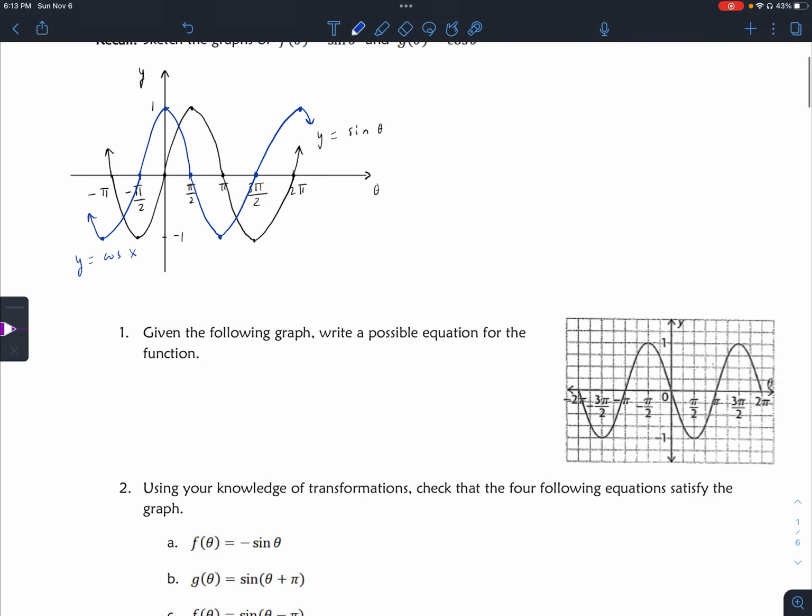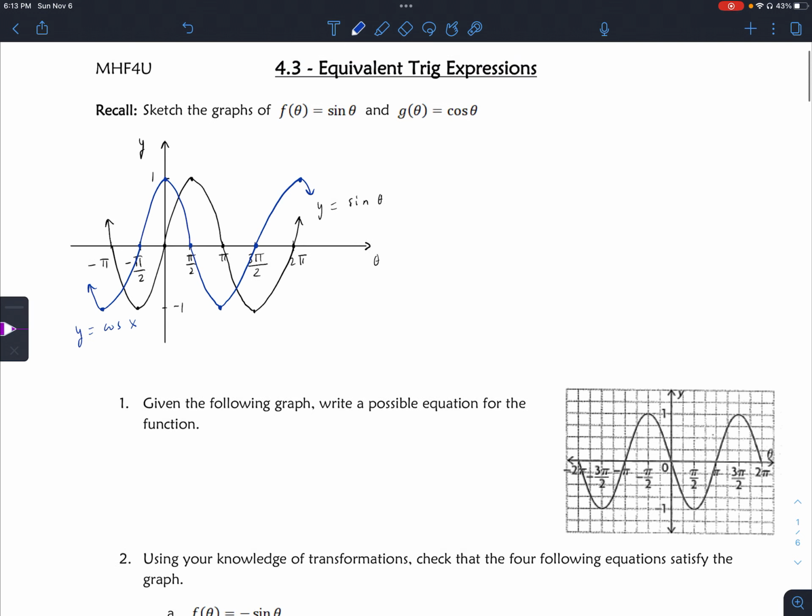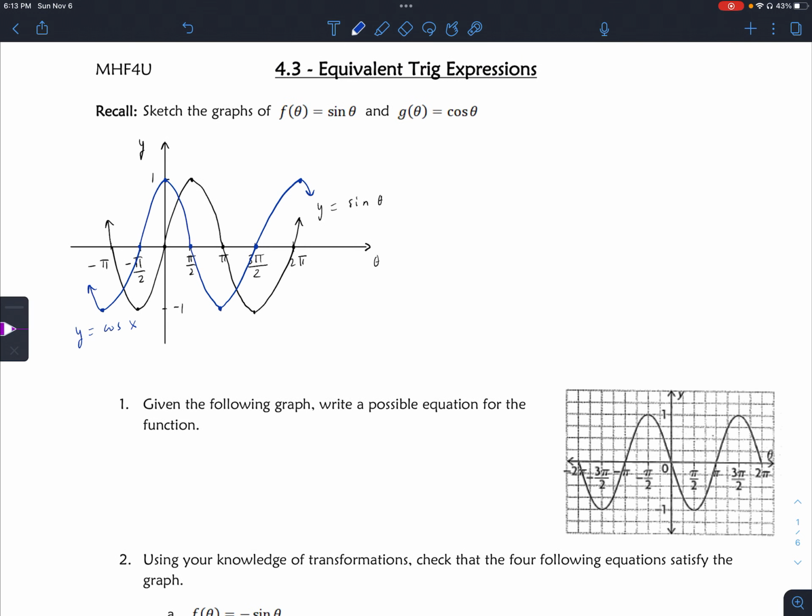we're now going to look at number 1 here. Given the following graph, write a possible equation for the function. Take a moment to think about what a possible equation would be in this case. Just by looking at this, what I can see right away is that this looks like sine, but it looks like sine that's being reflected along the x-axis.